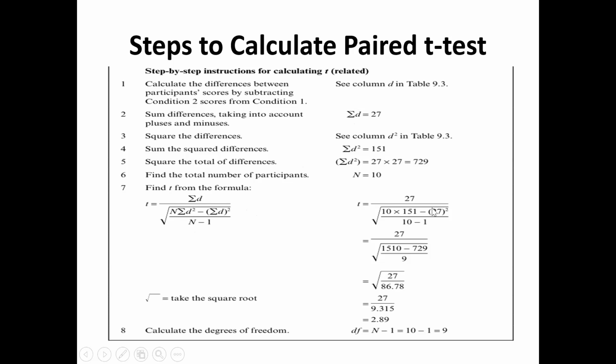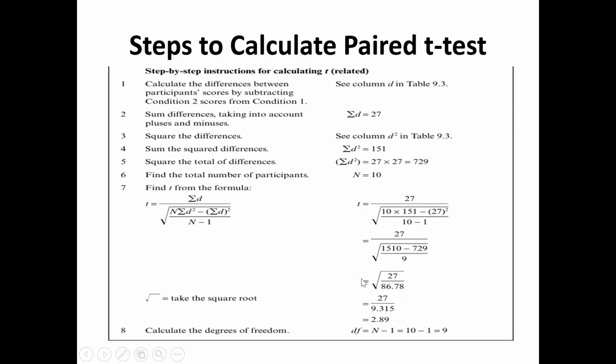Then summation D all squared is 27 squared, which we calculated here, 729. Then n is 10 minus 1. So when you do the little arithmetic here, 10 times 151 will give us 1510. Then 27 squared gives us 729, divided by 9. It will give us 886.78. Then we divide 27.